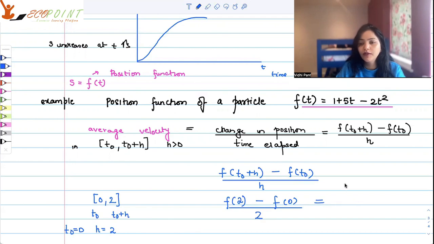So just put the value there, you will get 1 plus 10 minus 2 into 4, that is 8, and minus f of 0, which is 1. Whole thing upon 2. So that's going to be 2 upon 2, that is 1.